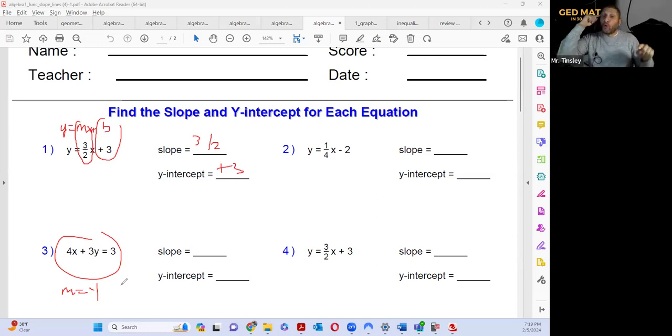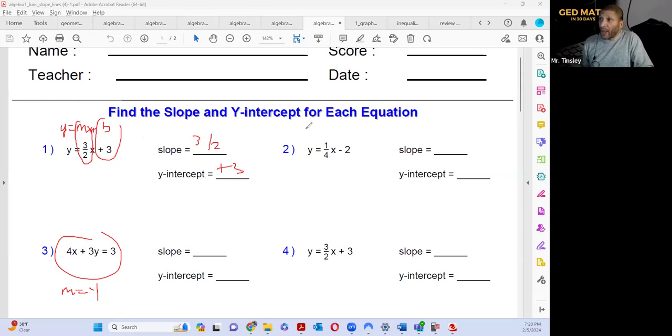But what people remember is, oh, what's in front of x is the slope, instead of saying the steps: what form is this linear equation in? Is it in slope-intercept form or is it in standard form? So my first question is, this is in slope-intercept form. My slope-intercept form is y equal mx plus b. My slope is whatever is in front of x. My slope is 3/2. Whatever's left, the remaining term, is my y-intercept, plus 3.